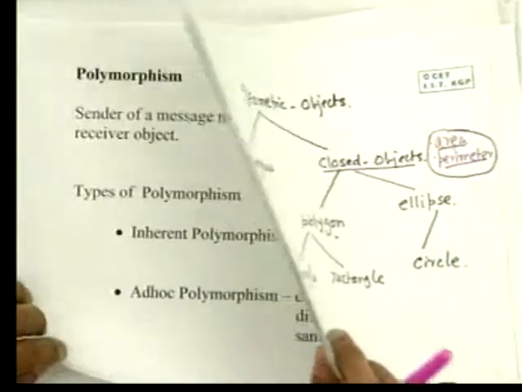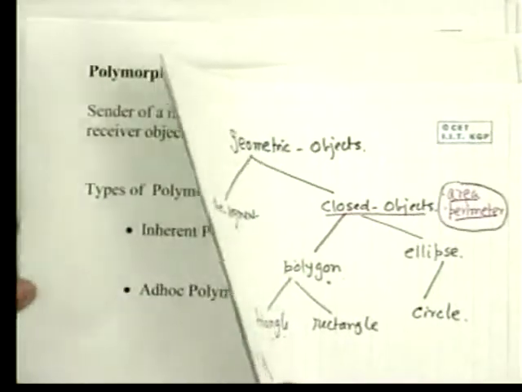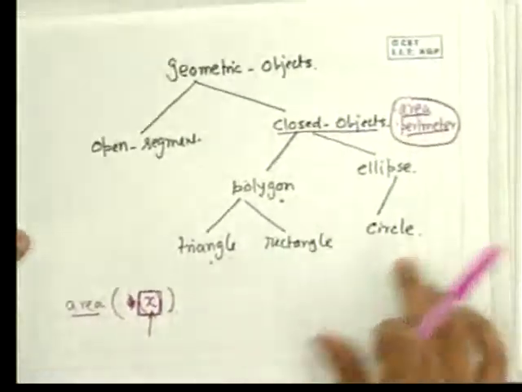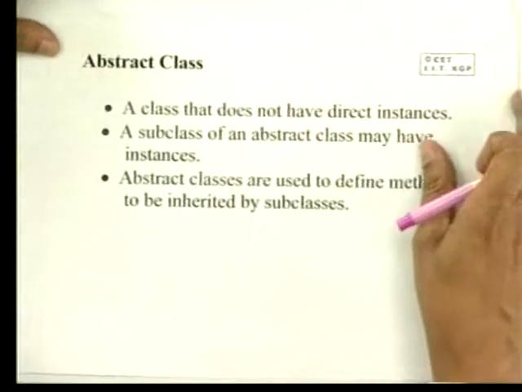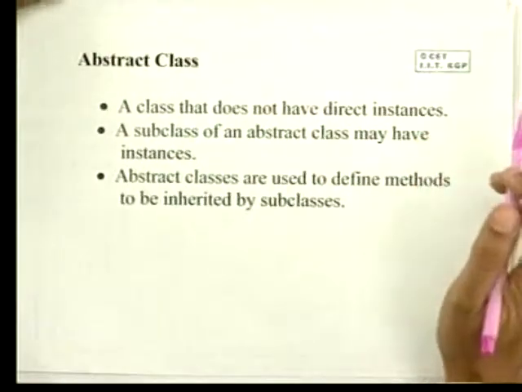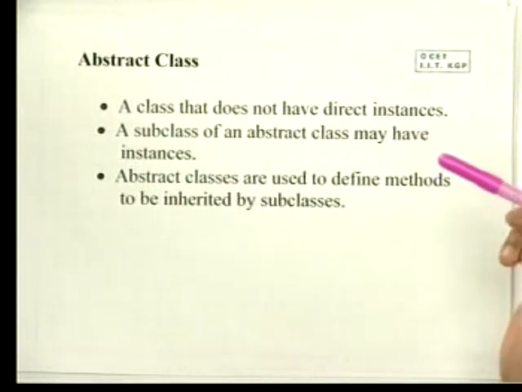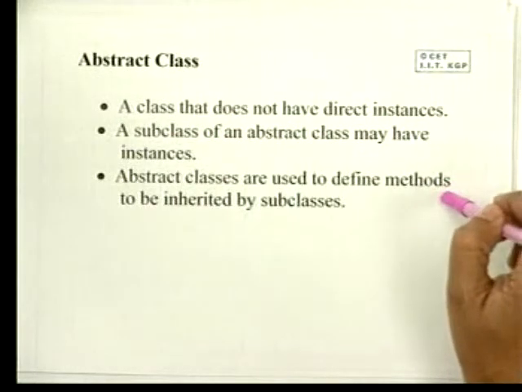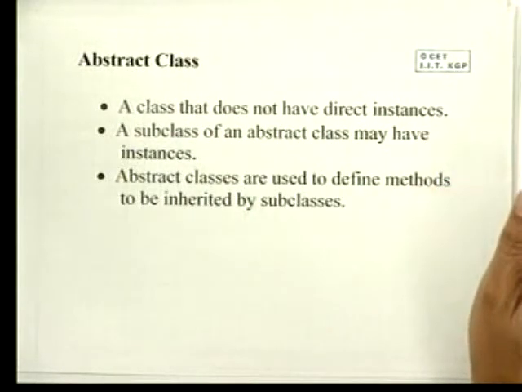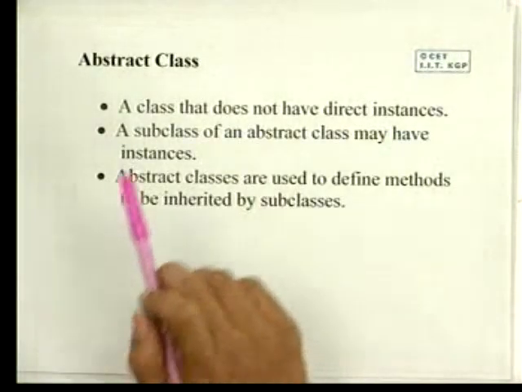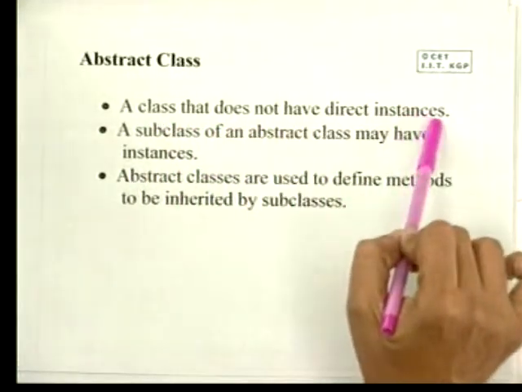The next concept, which we will also discuss in terms of how polymorphism is affected, is the concept of abstract class. This is a feature which is supported in many programming languages like C++, Java, Eiffel, and also in Objective C++. It is a class that does not have direct instances.